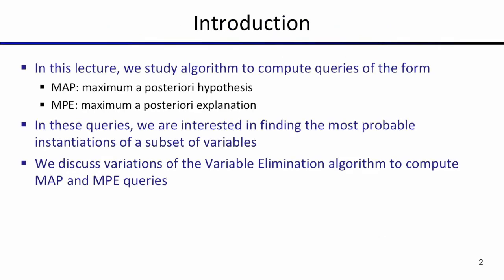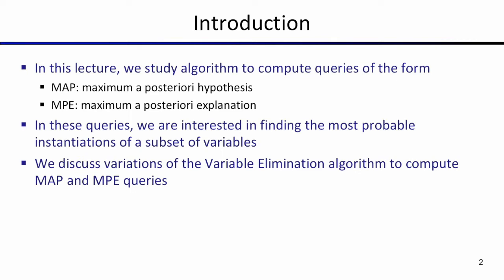So in this lecture, we're going to discuss two classes of queries. The first one is MAP, maximum a posteriori hypothesis, and the second one is MPE, the most probable explanation. The names are very similar because they're very similar types of queries. We can understand MPE as a special case of MAP.